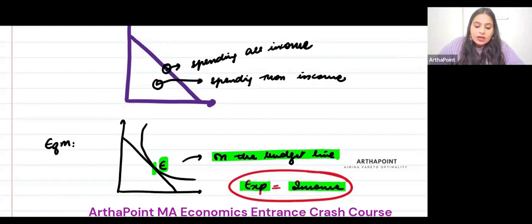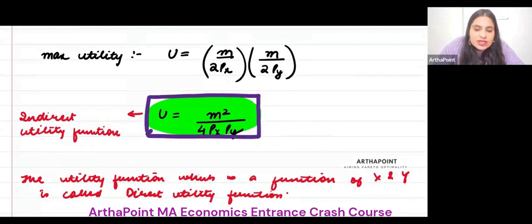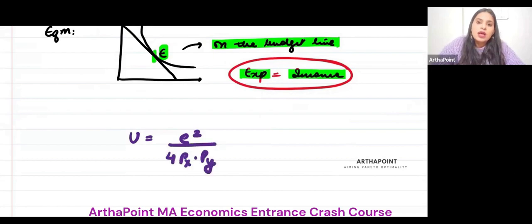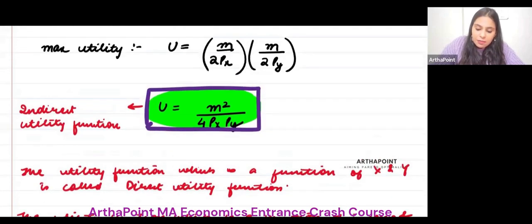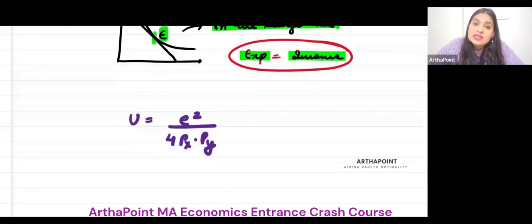Now, if that is true, can I say that here I can replace my M by E because expenditure and income are the same? So I can write that U is equal to E square by 4px py. I have replaced this M by E because income and expenditure are the same thing.